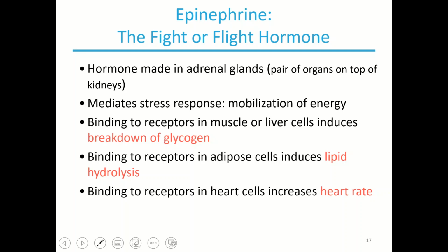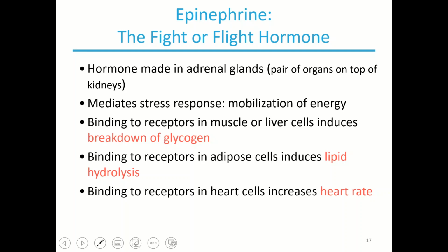What this molecule does is a little bit tissue specific, but it's going to be mobilizing energy sources so that you can use them to either fight off something or run away really quickly from some danger.